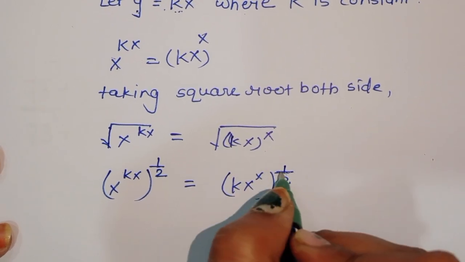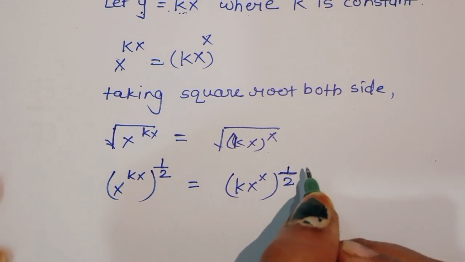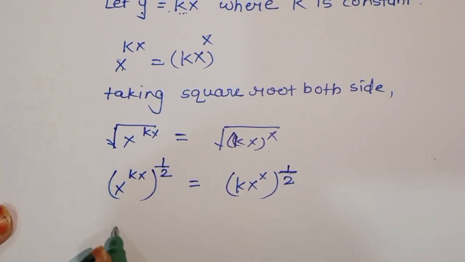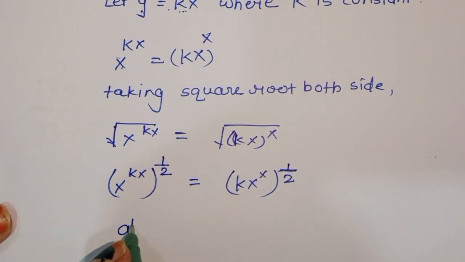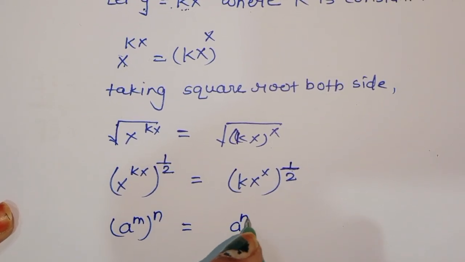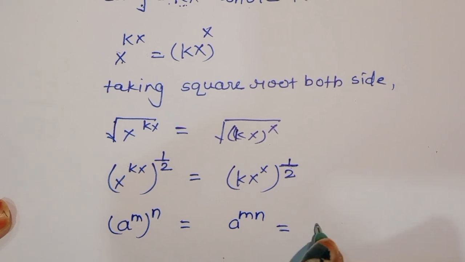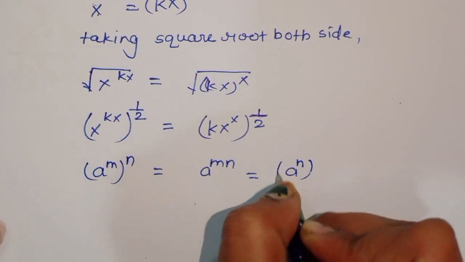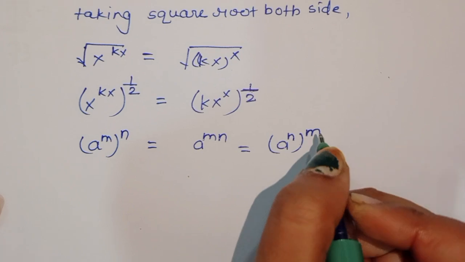This is also a square root, so we write 1 by 2 in power. We know the formula a power m power n is equal to a power mn, or a power n power m.